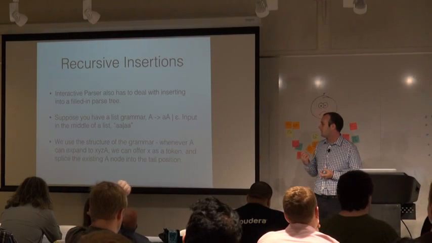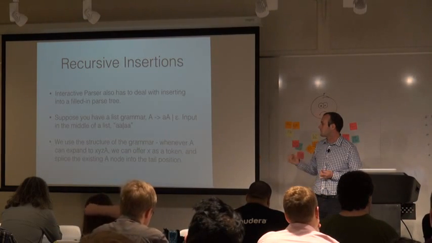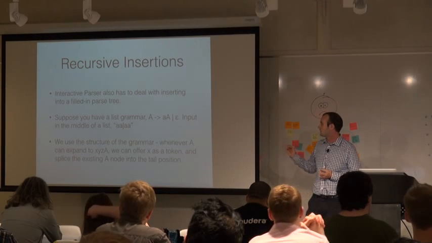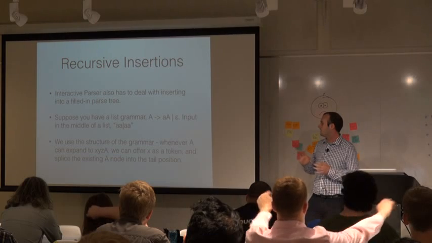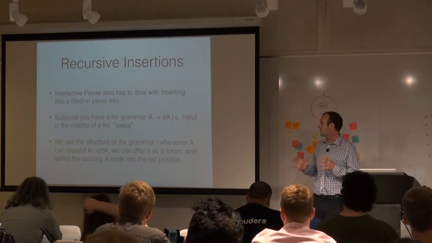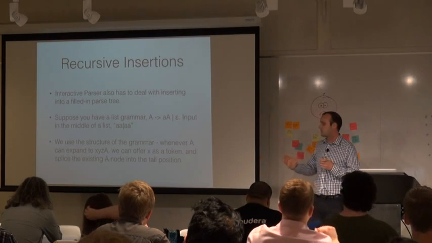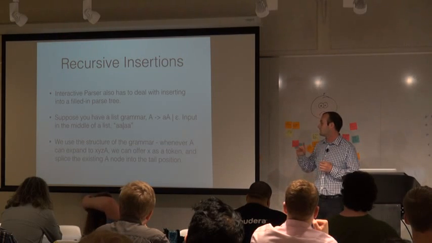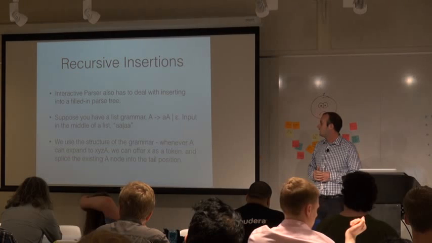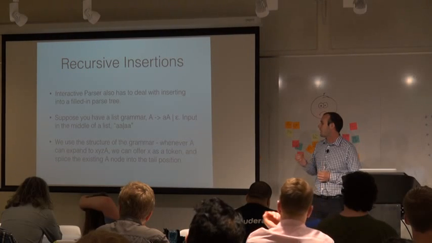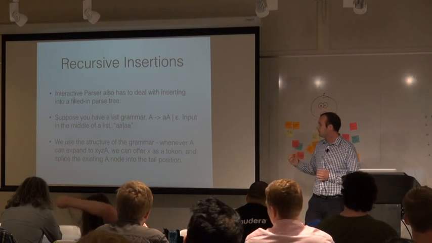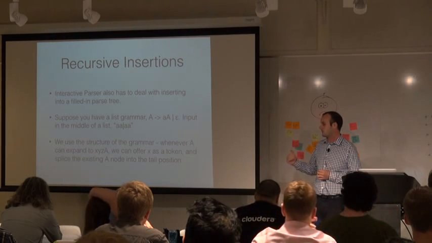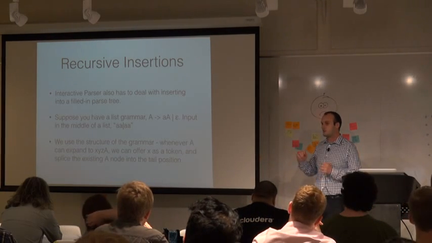And the solution I came up with is to look at the grammar and look for these kinds of recursive rules, where A, if you expand it out, is going to be some number of tokens, A, B, C, in this case just A, and then a recursive call to A. So whenever we see that pattern, we can allow the user to insert the tokens that come before the recursive A, and then we kind of perform surgery on the tree.